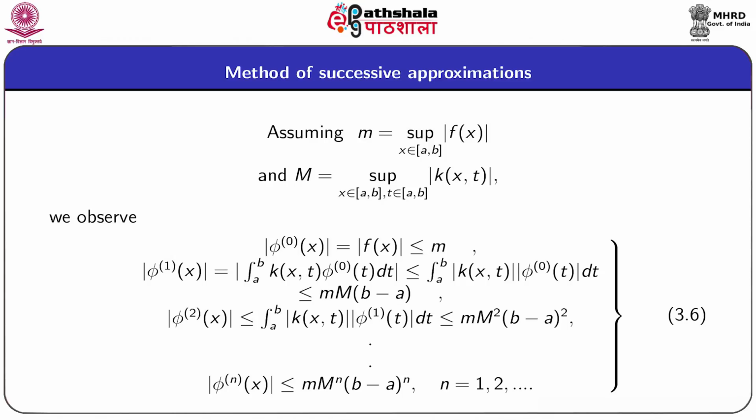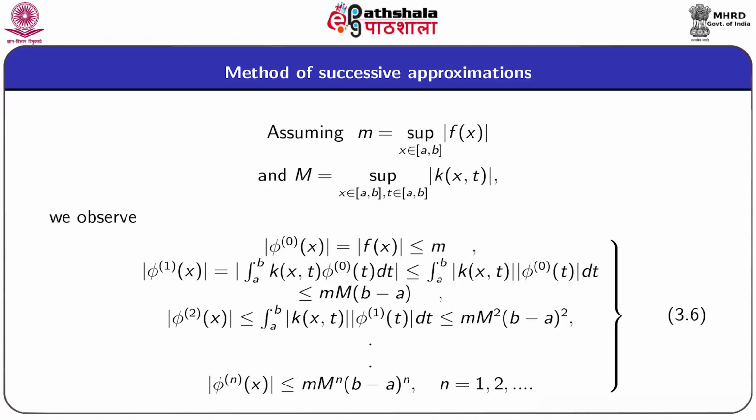Combining these results, we see that the absolute value of φ₂(x) is less than or equal to small m into capital M squared (b minus a) whole squared.